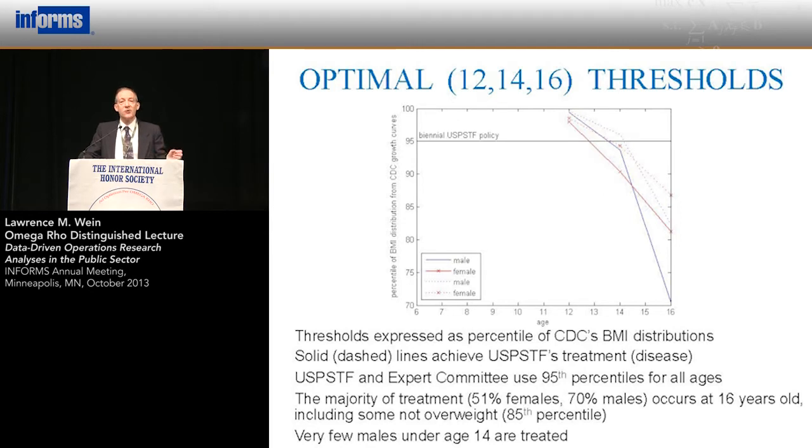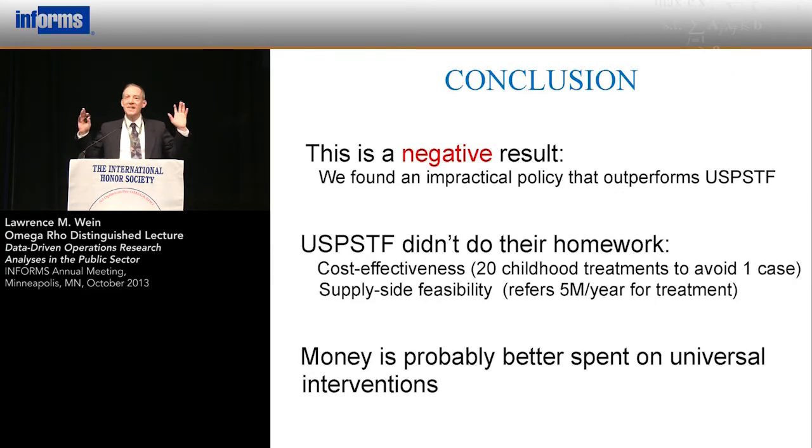And that policy would actually do better, according to our model, than the proposed policy. So what we have here really is a negative result. So we found, I wrote diplomatically here, impractical, but really we have found a nonsensical policy that outperforms the task force policy. So in my view, really, the task force didn't really do its homework here.